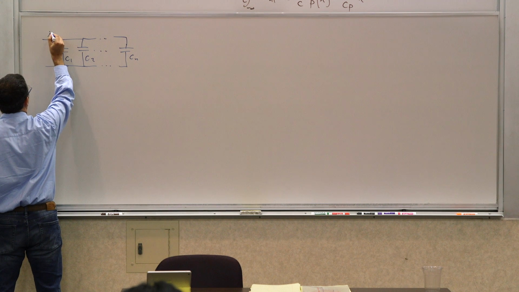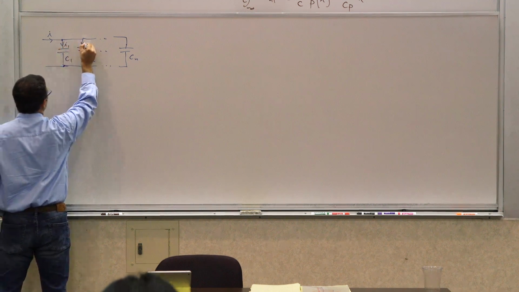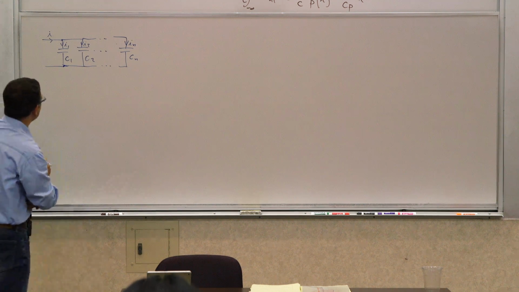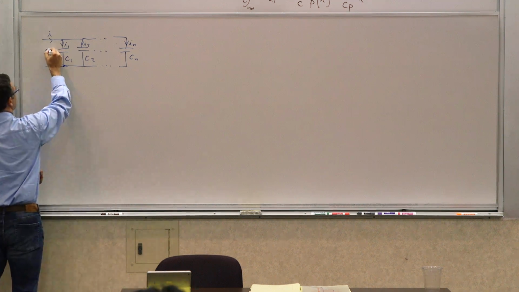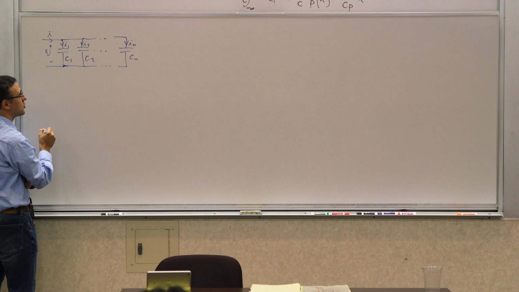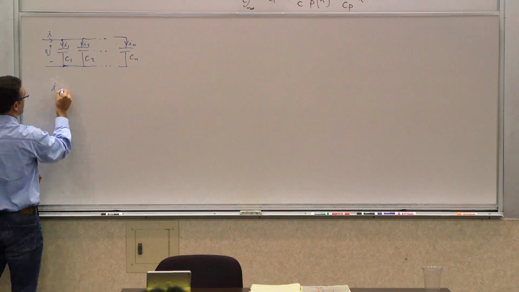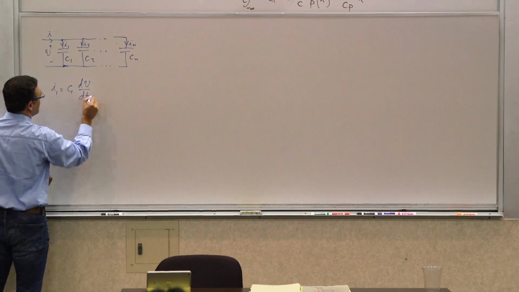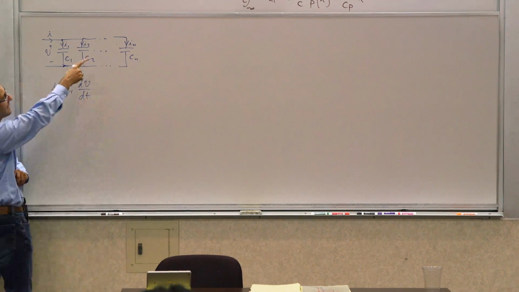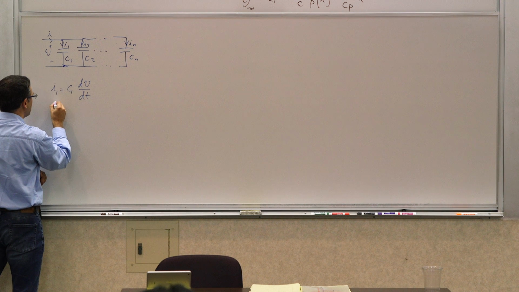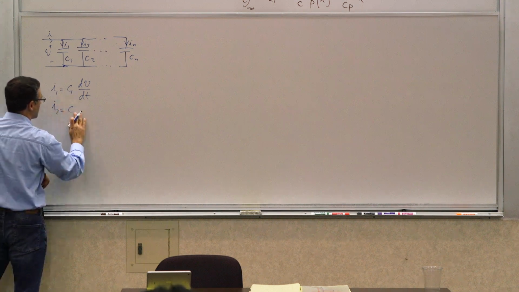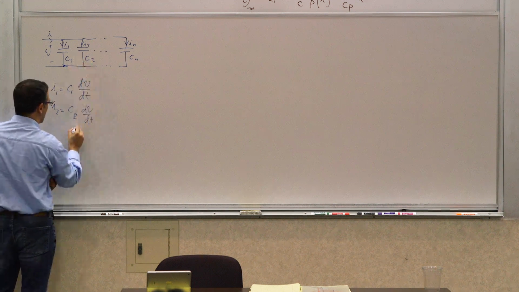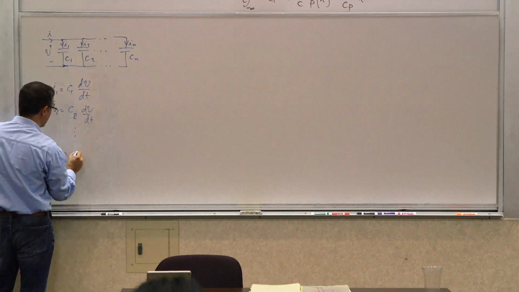So if this current is I, let's call this I1, this is going to be I2 all the way to In. And what are these currents in terms of this voltage? So we know that I1 is C1 dV dt, right? By that definition. And I2 is similarly C2 dV dt, same voltage. And so on and so forth to In.